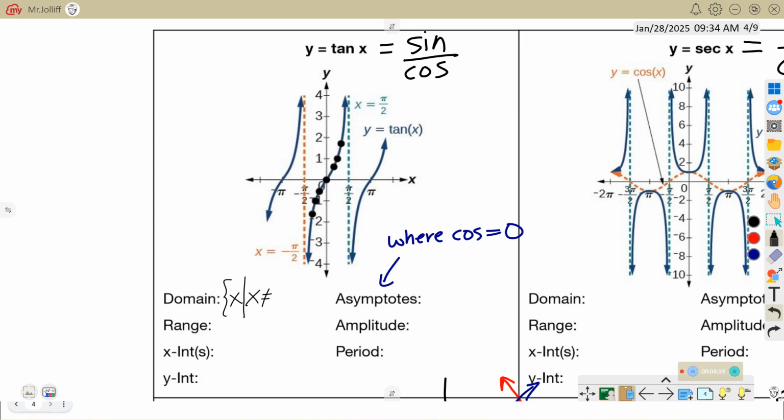Yeah, the asymptotes are pi apart, which means my next asymptote, this guy right here, is pi plus pi over 2, because I know the gaps between my asymptotes are pi. So my asymptote is going to be everywhere where x is equal to pi over 2 plus some multiple of pi. 1 pi, 2 pi, minus 3 pi. Meaning those are the values that I have to exclude in my domain.